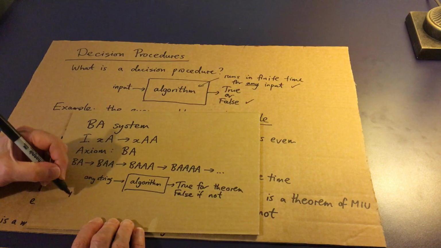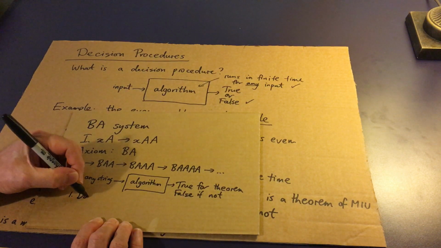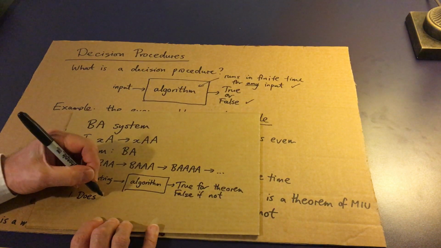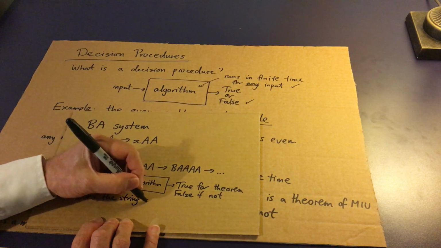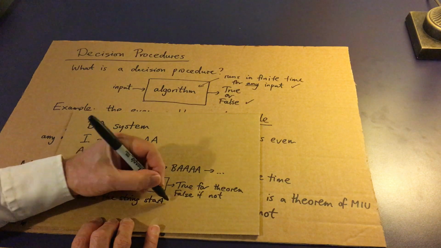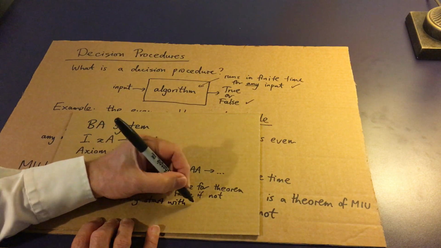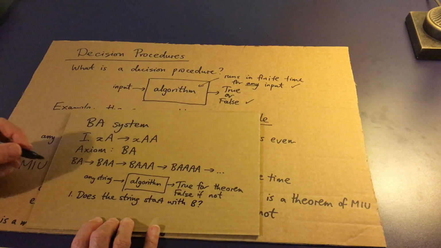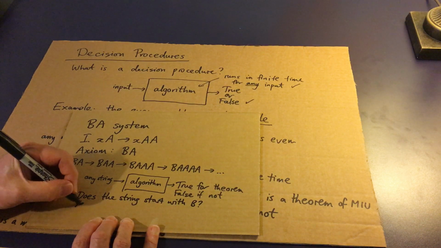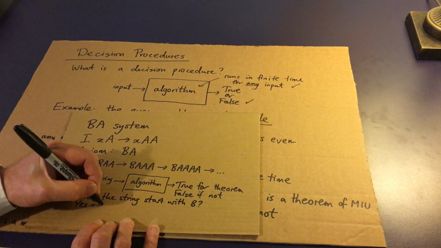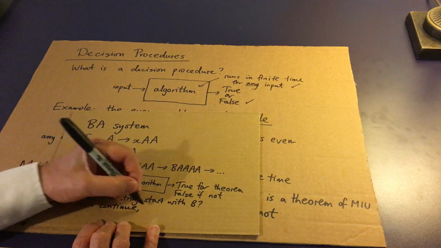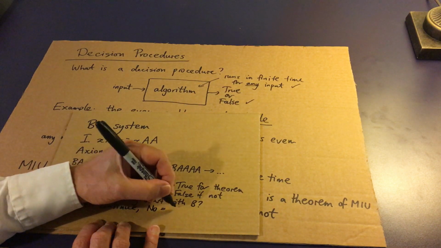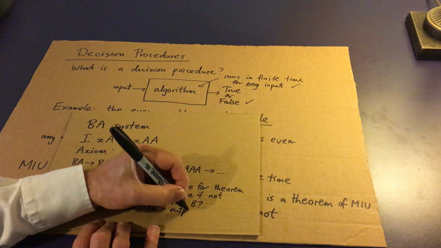It goes, number one, does the string start with B? If yes, continue. If no, output false.